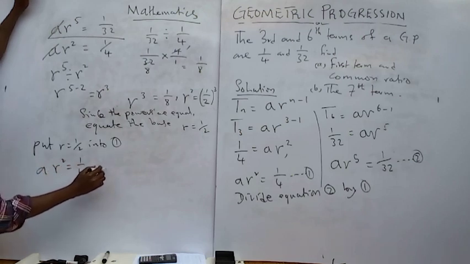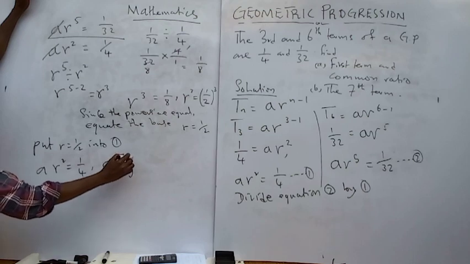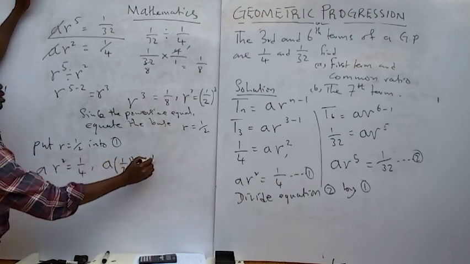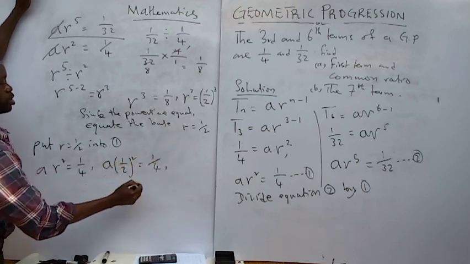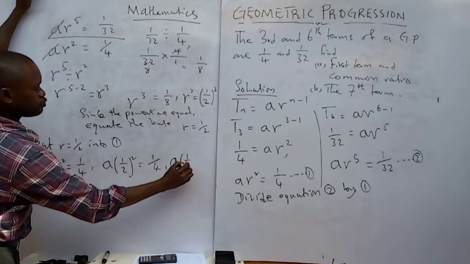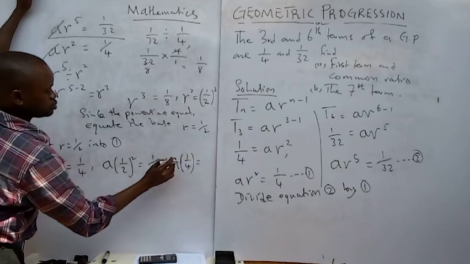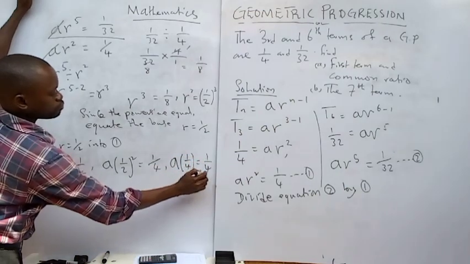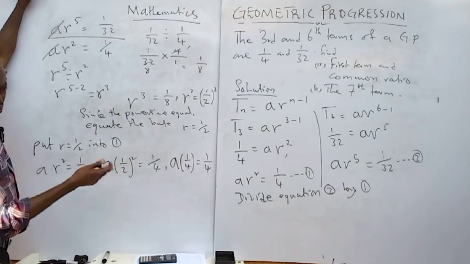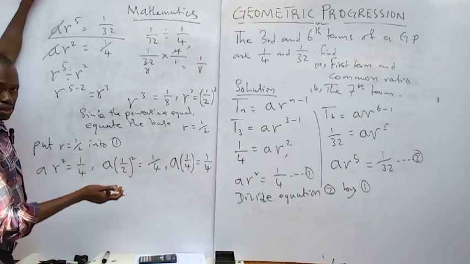It then means a times (1 over 2) squared equals 1 over 4. It then means a times 1 over 4, because half squared is 1 over 4, equals 1 over 4. I hope this is not entertainment, and I'm sure somebody is following what we are doing here.